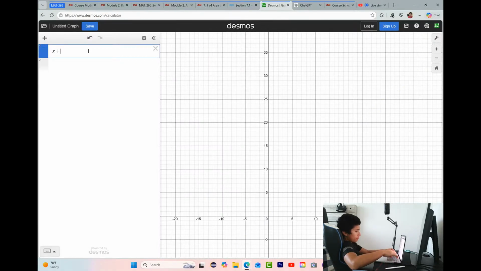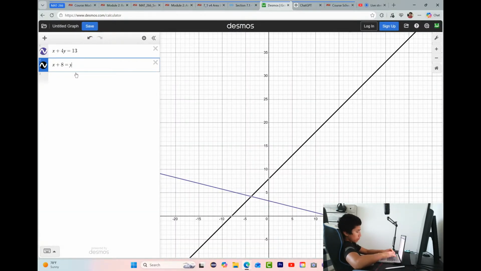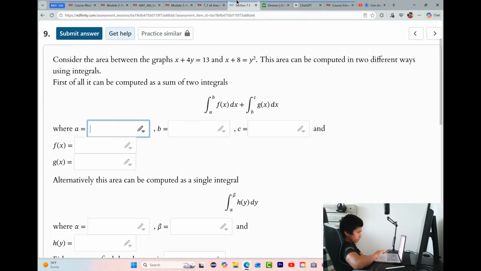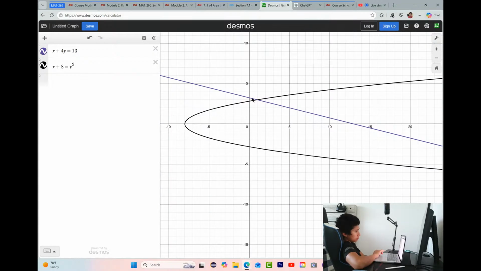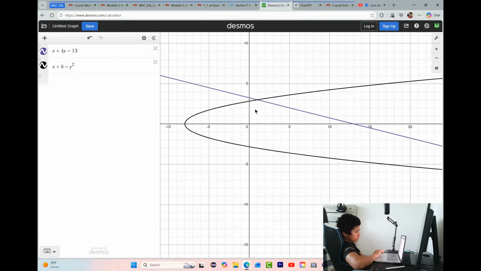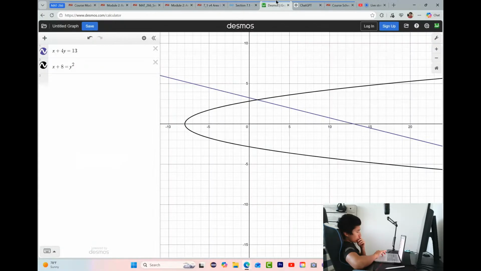x plus 4y equals 13. x plus 8 equals y squared. So we have x. Hold on. So top minus bottom. Oh, I see.